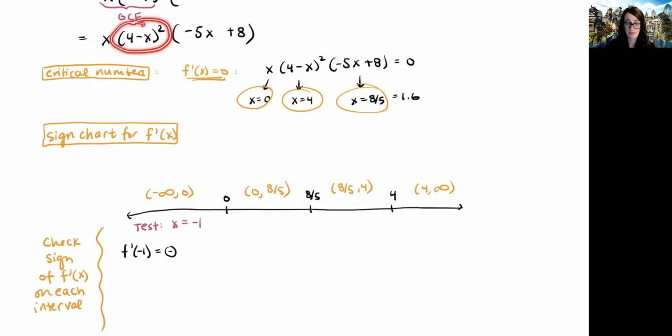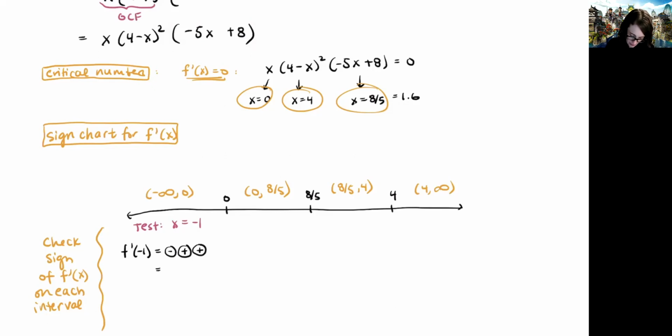So I don't care what it is in the parentheses, you're squaring it, so it's going to be positive. When we plug a -1 into here, we'll have -5 times -1, which is +5, and then we add 8. I don't care what number that is, but I know it'll be positive. And when you multiply negative times positive, the outcome is going to be negative.